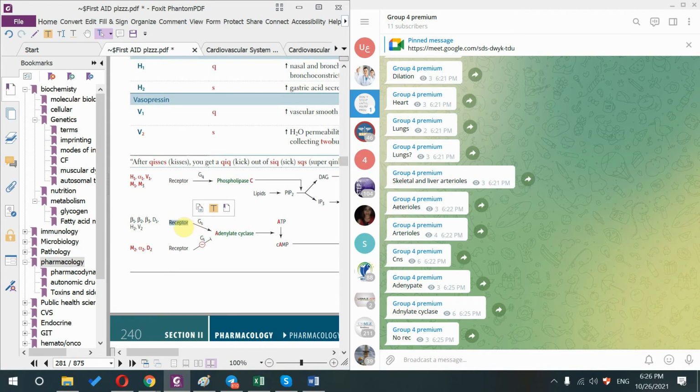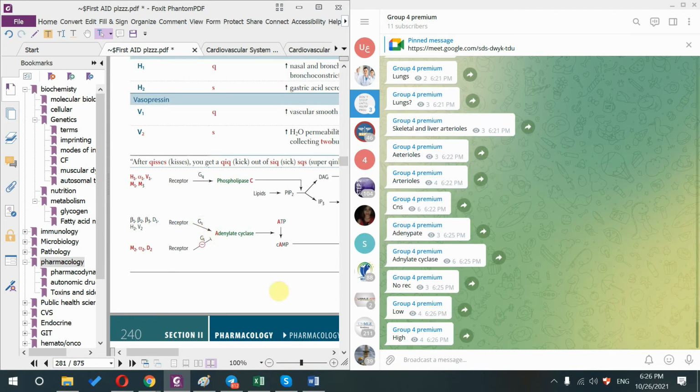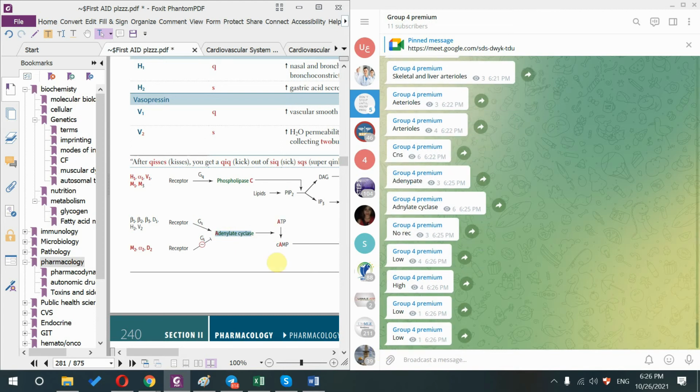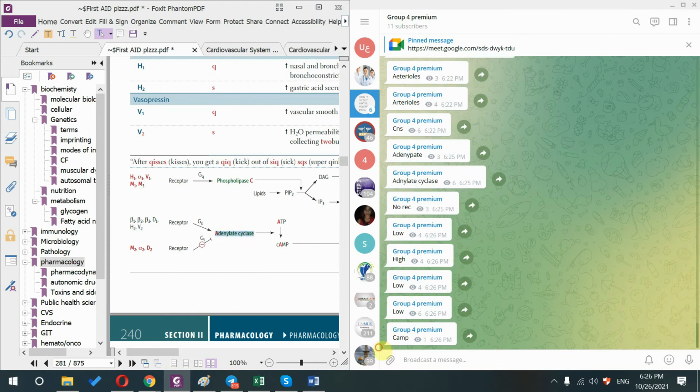Low. It will be low because the receptor is not being activated by the hormone. So if that is not activated, GS will not be activated. Adenylate cyclase will be high or low? Low, of course. So if adenylate cyclase is low, what will be high? ATP or cyclic AMP?